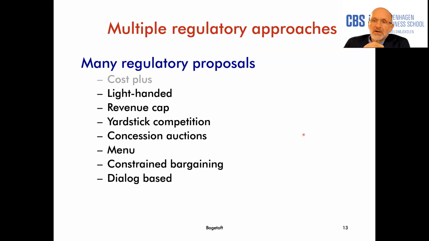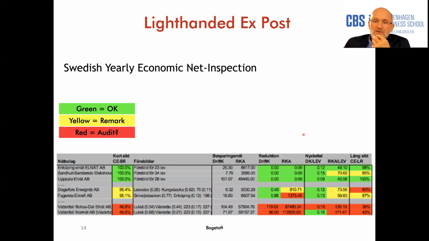Just to illustrate, the first project we were involved in terms of regulation was actually in Sweden back in 2000. The idea was that they just wanted to have a benchmarking study of the electrical distribution companies.